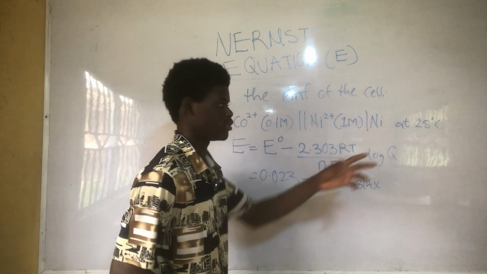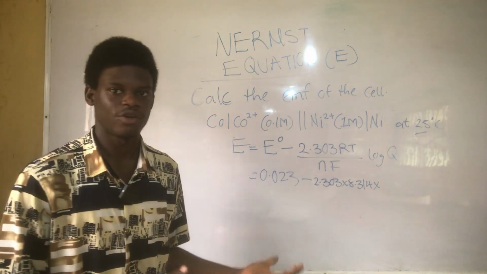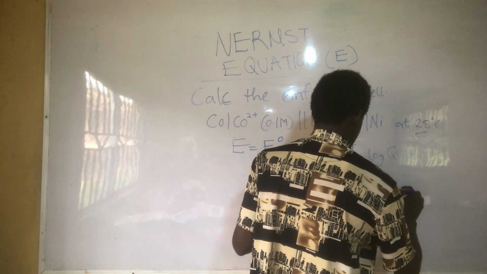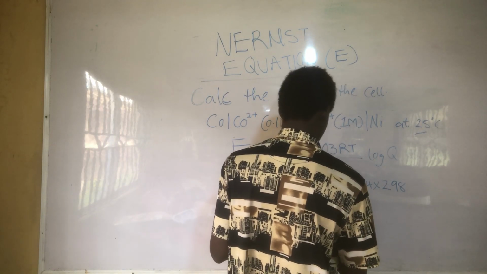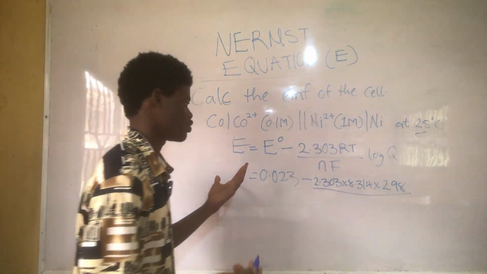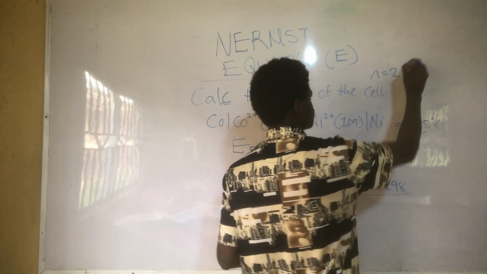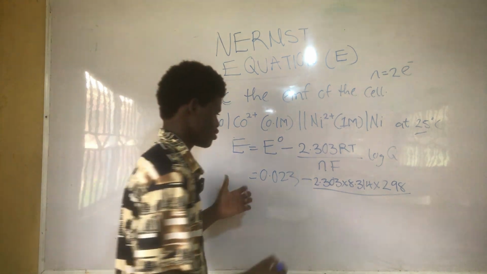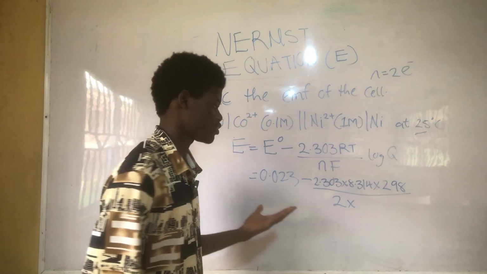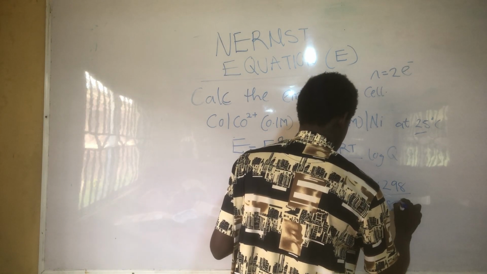Our temperature is 25 degrees Celsius, they give us. But we will not put it in degrees Celsius, it has to be in Kelvin. So we add 273, and that will be 298 Kelvin, all divided by our N. N is 2 electrons from the equation that we saw earlier. So N is 2, that's 2 times F, Faraday's constant, which is 96,485.